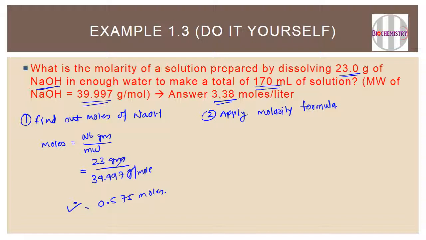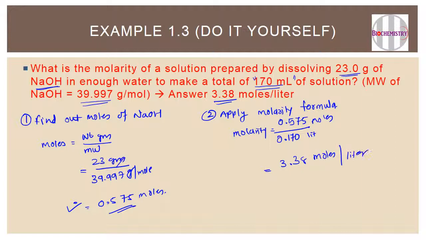Now we can apply the molarity formula. Molarity is equal to moles per liter, so our moles is 0.575, and our volume is 170 ml, which is 0.170 liter. This is moles and below is liter. So the calculation will give you an answer of 3.38 moles per liter.